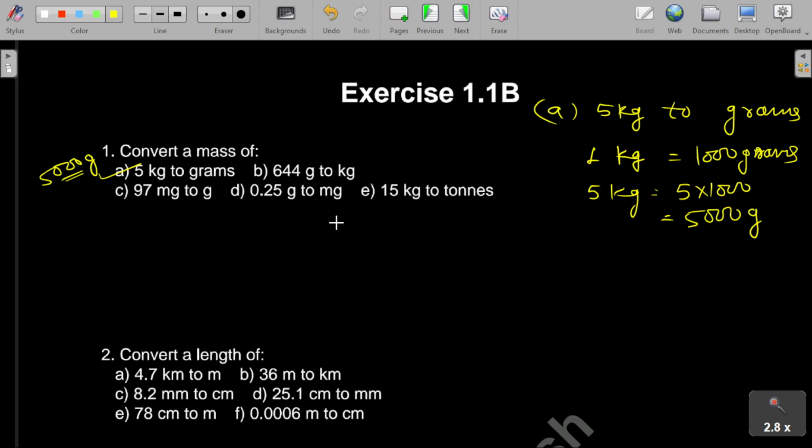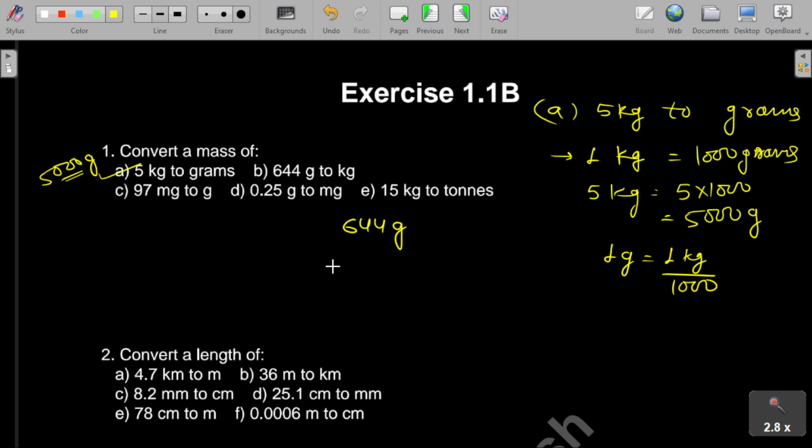644 gram to kg. Now 644 gram. So we know that 1 kg equal to 1000 grams. So 1 gram equal to 1 kg upon 1000.